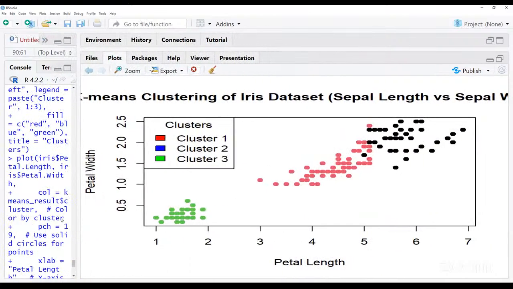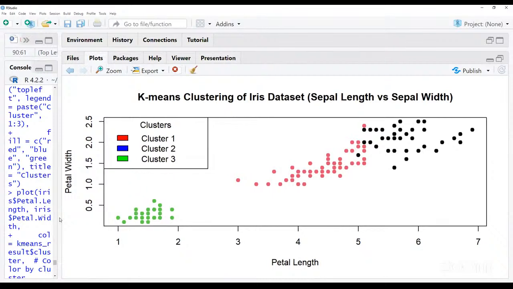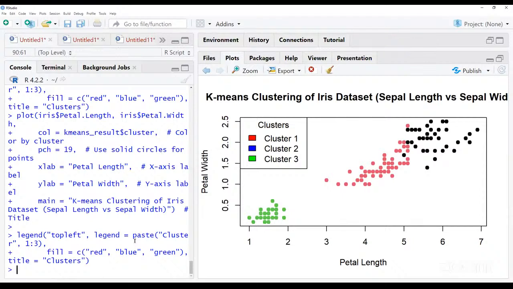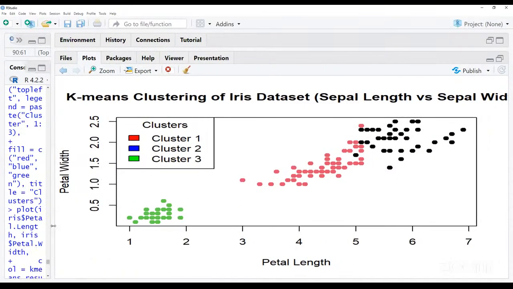Now the legend is visible. So you will get the three clusters now. Too many blacks and reds are overlapping. These two are overlapping at the higher side, but not at the lower side.